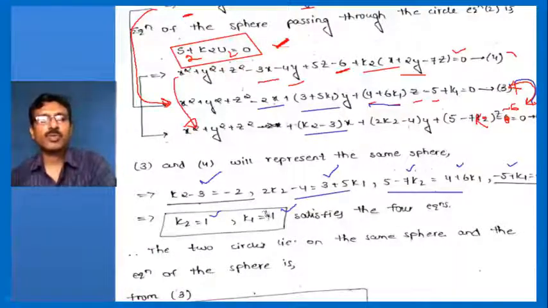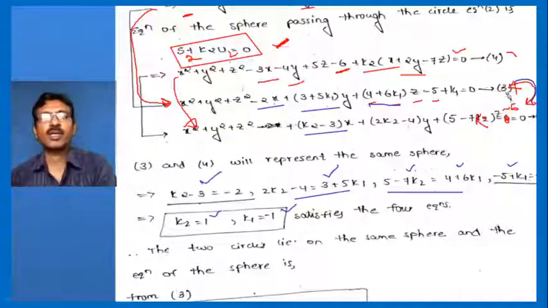If we substitute the k1 and k2 values in equations 3 and 4, we get the same equation. If we substitute k1 equal to minus 1 in equation 3 and k2 equal to 1 in equation 4, we get the same result, the same sphere. That is our required sphere.